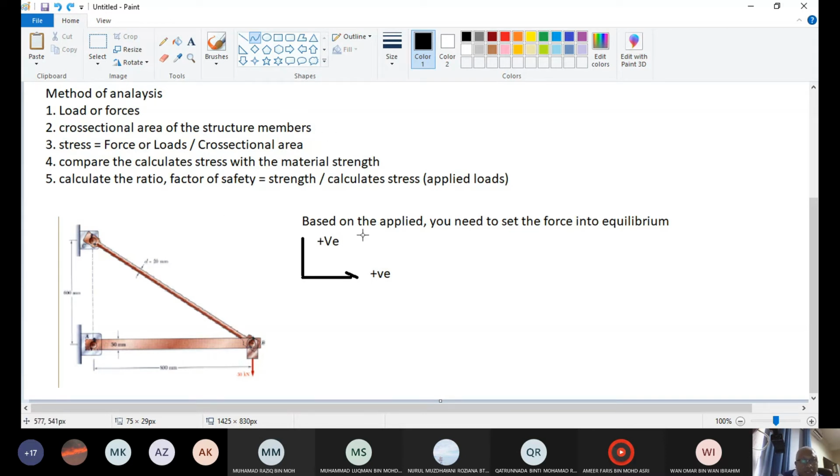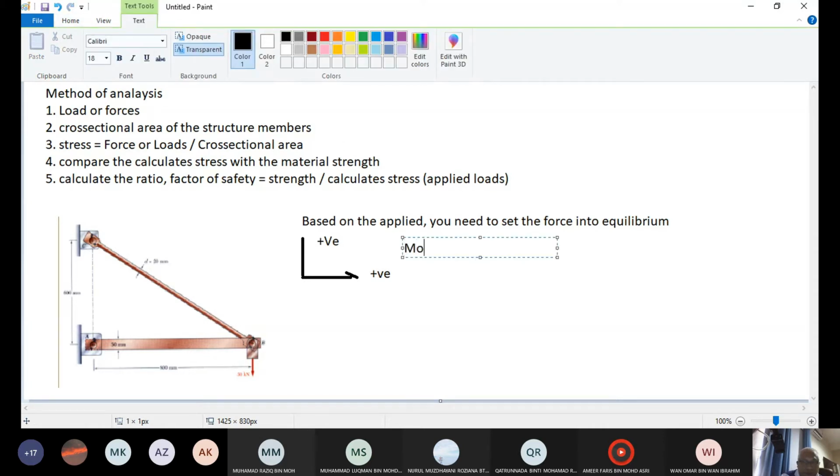The moment clockwise direction is positive. Moment anti-clockwise is positive. So the anti-clock is positive.